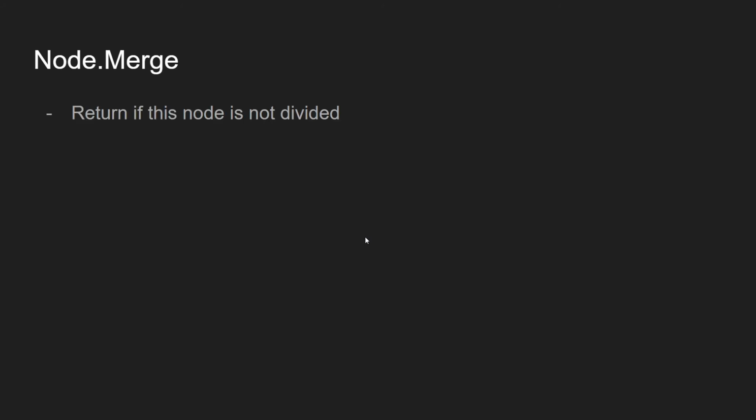Then the inverse of that, node.merge. If the node is not divided, we'll just return. I don't think that'll ever happen, but it's good to check. Then we will get a set of our unique elements, so all of the unique elements contained by all of our children recursively.